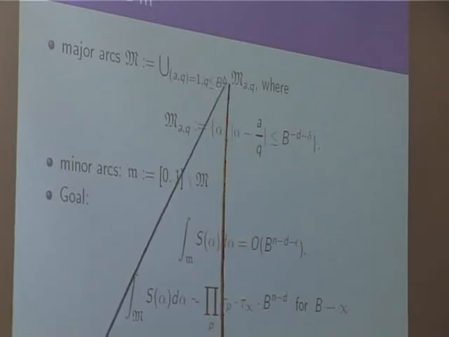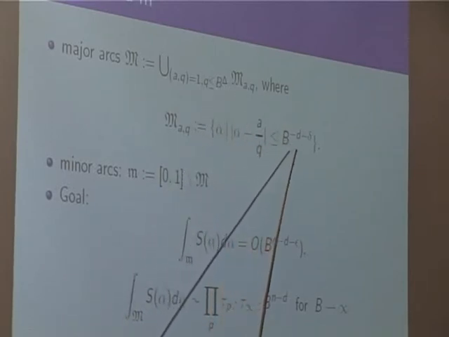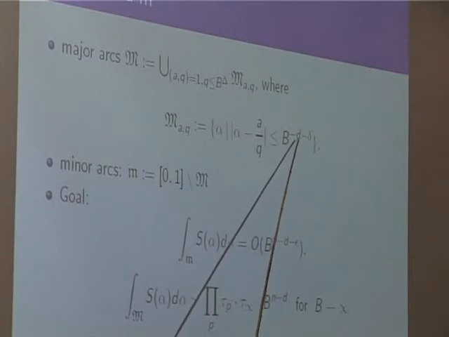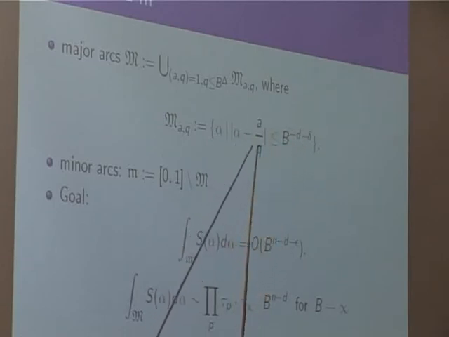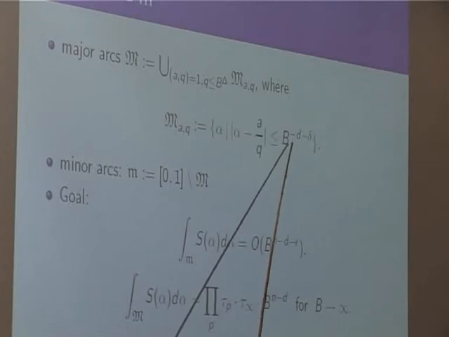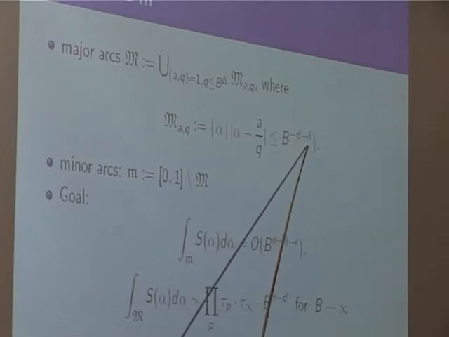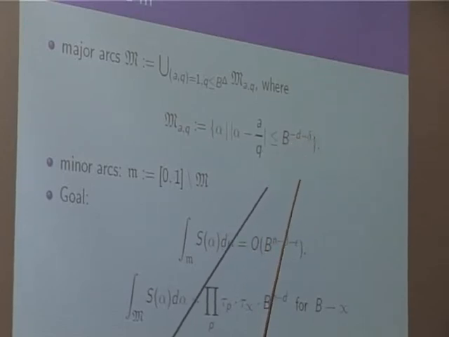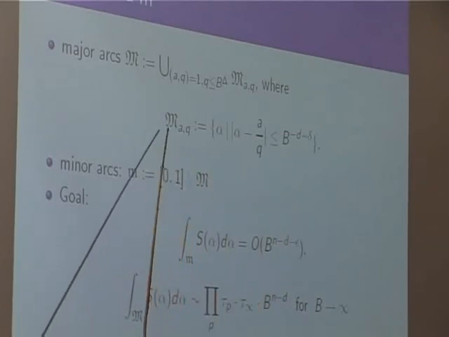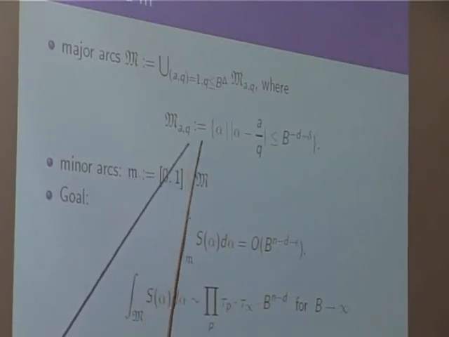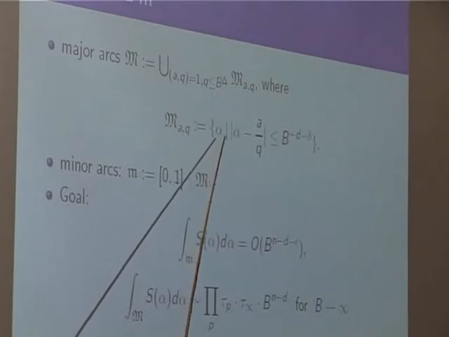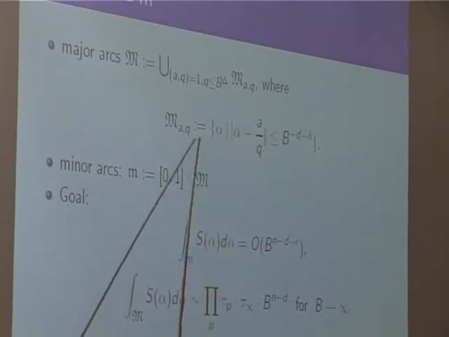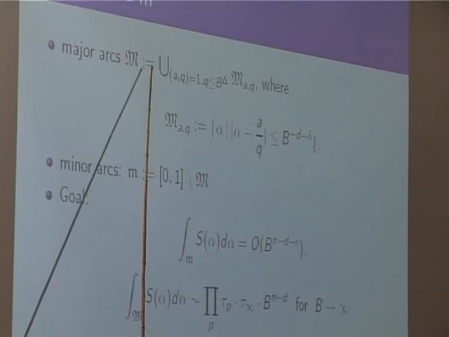And in the implementation, you take the interval to be less than B to the minus d, where d is the degree of the polynomial, minus a little bit more, minus delta. It's a positive delta. So this is one little neighborhood of a over q. And then you just take the union of results.